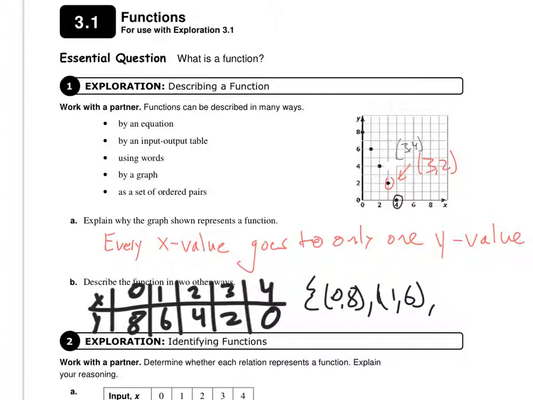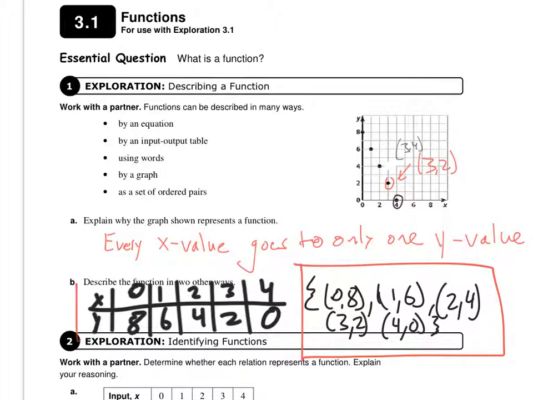And we put ordered pairs in parentheses. (2, 4). (3, 2). And (4, 0). We'll put another little set bracket over there. So there's a list of points. So two different ways here to describe this function. There's that one there. There's that one there. Okay? We'll get into equations and all that kind of stuff later.